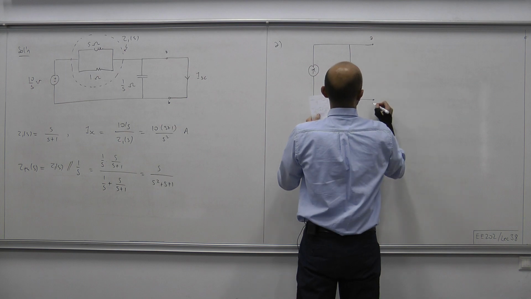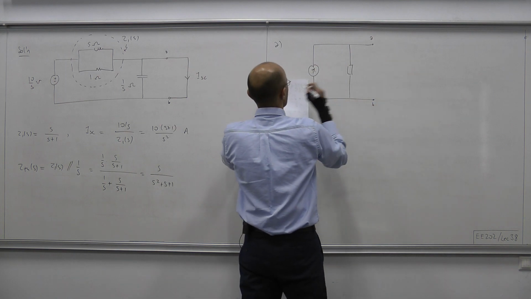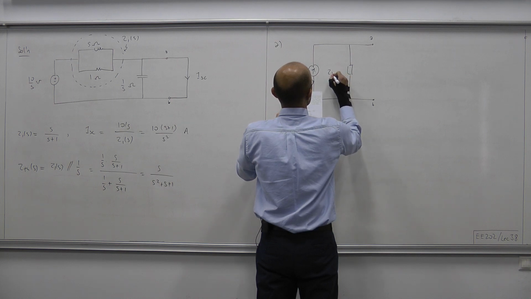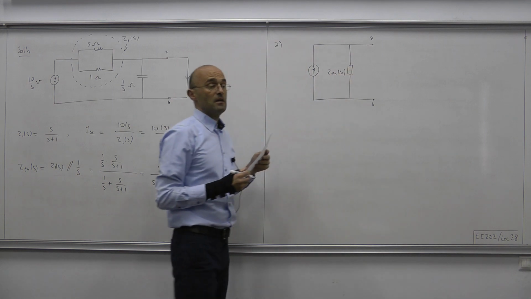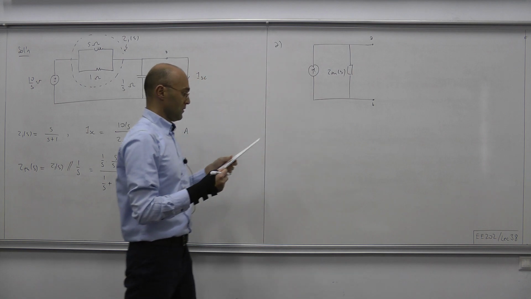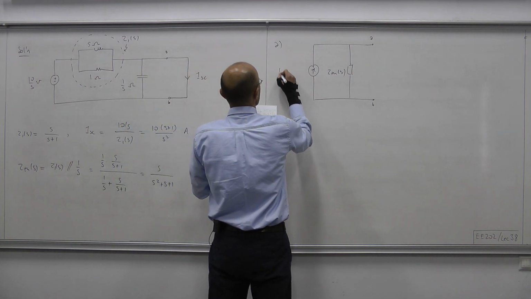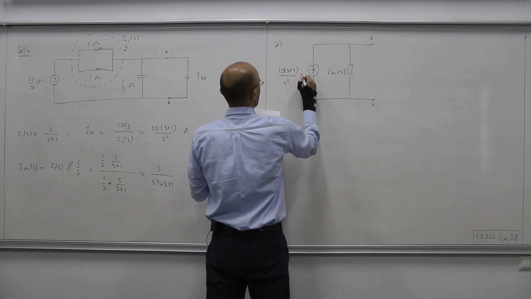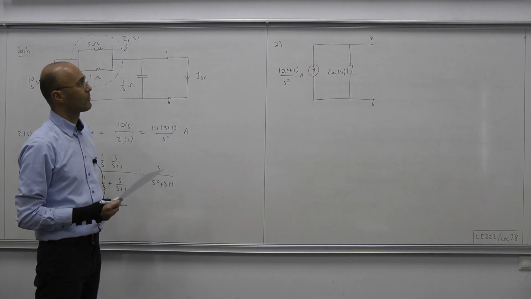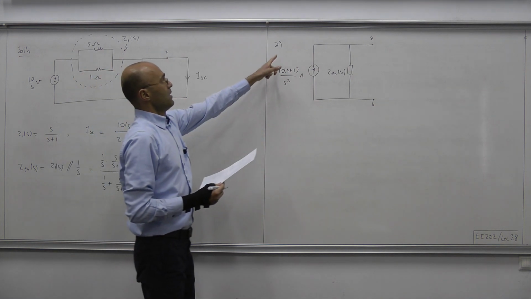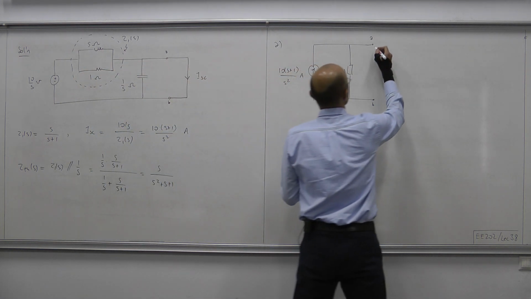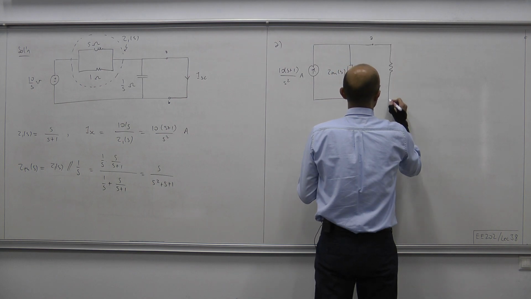This is A, this is B. This is our Z Thevenin impedance, and the Norton current is 10 S plus 1 over S squared amps. Okay, and then for part A, the load is a 1 ohm resistor. So here we have a 1 ohm resistor.